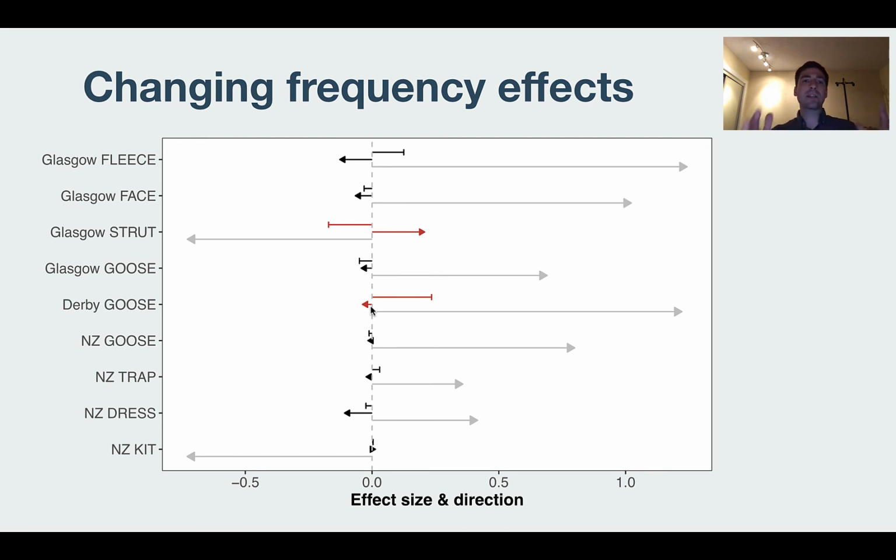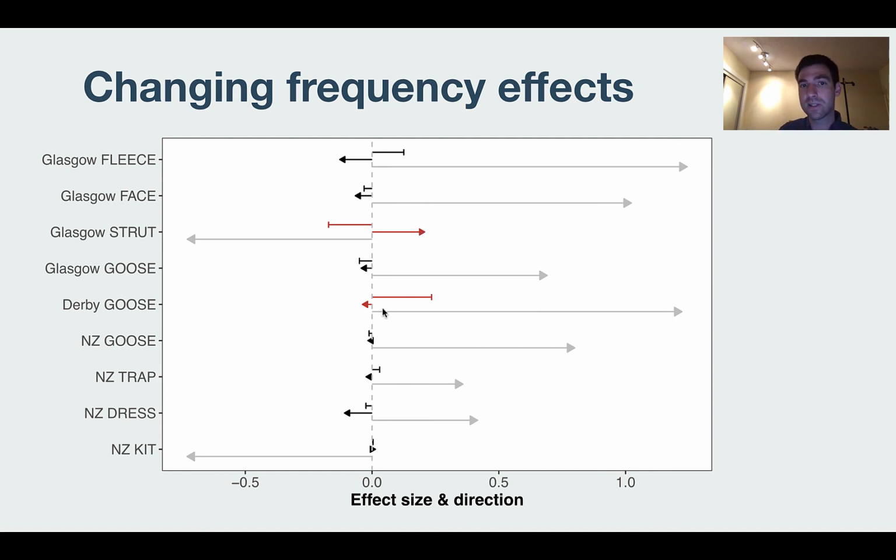So what can we see overall in this graph? Well, what is pretty clear is that frequency effects in general are very small compared to the overall changes. And in the small number of cases where they do seem to be a little bit larger, not by any means huge, but a little bit larger, actually what we find doesn't really align with any predictions from existing models of frequency effects.